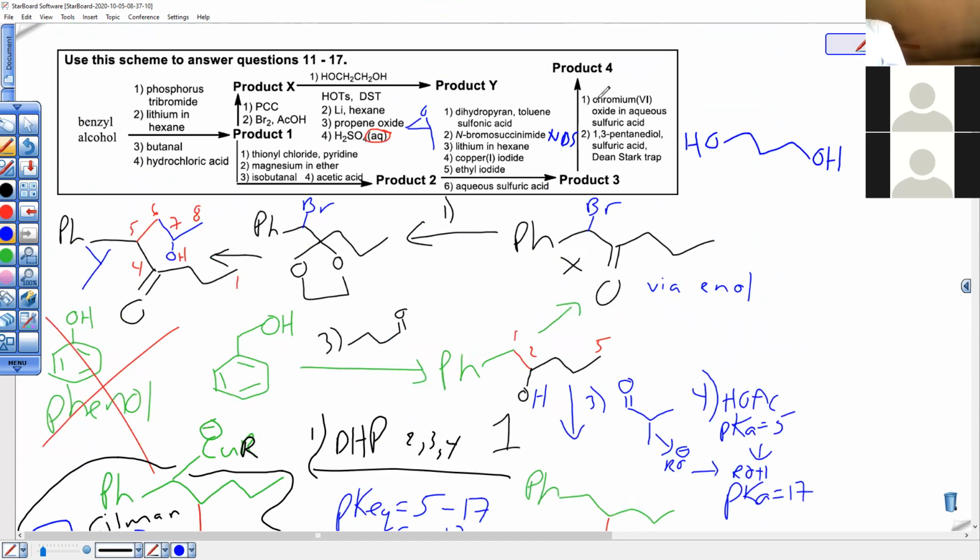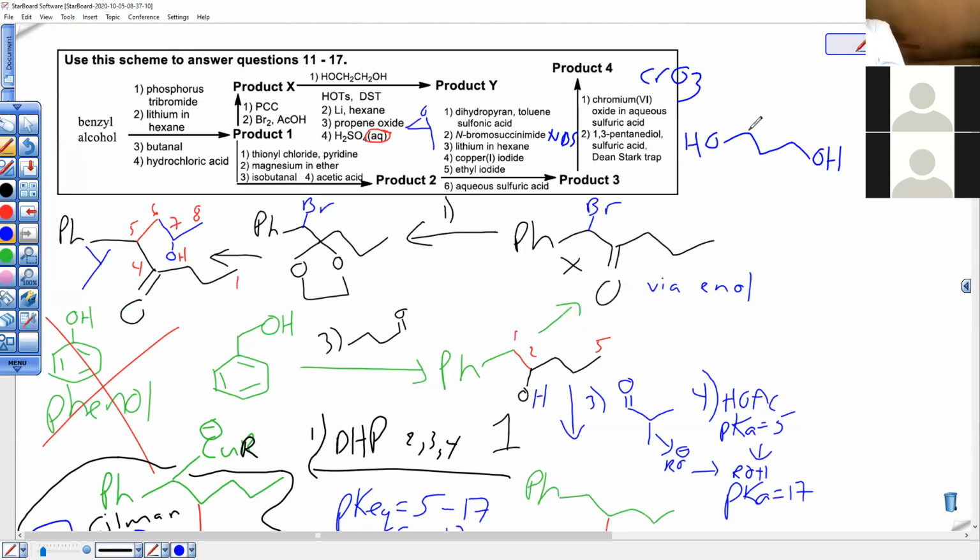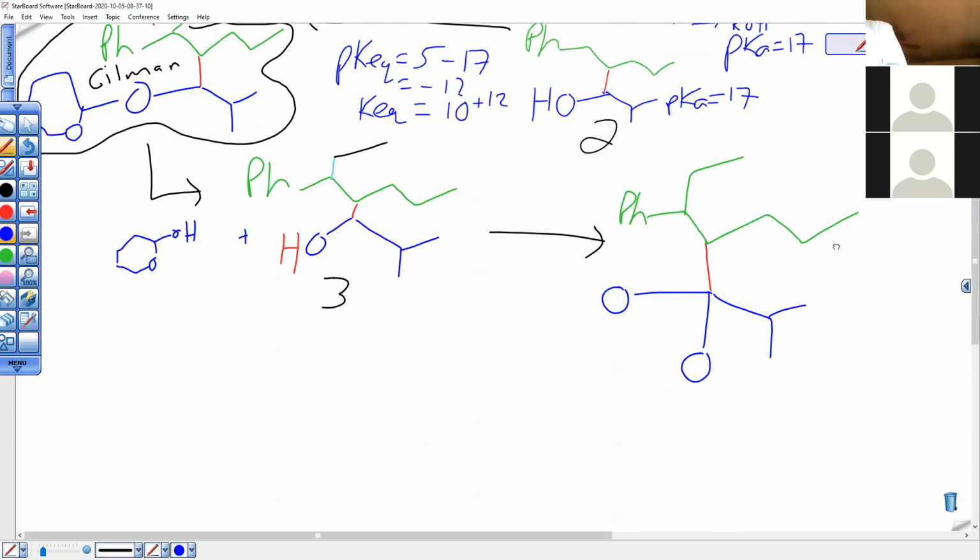This combination of chemicals gives chromic acid, CrO3, chromium 6 oxide, aqueous sulfuric acid, react to make chromic acid. So you got a ketone here in step 1 and you protected it. Remember, there are 3 CH2s between the alcohols. There better be 3 CH2s in the acetal. 1, 2, 3. There's your hat. So you'd pick the product that matched that circle or that drawn thing, and that's product 4.